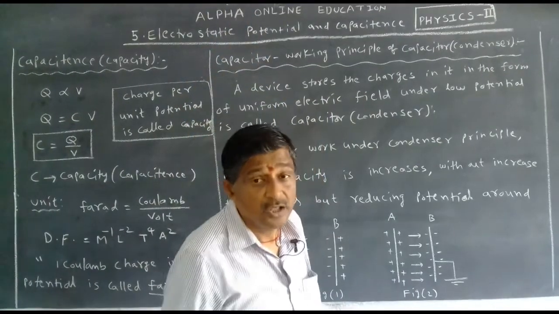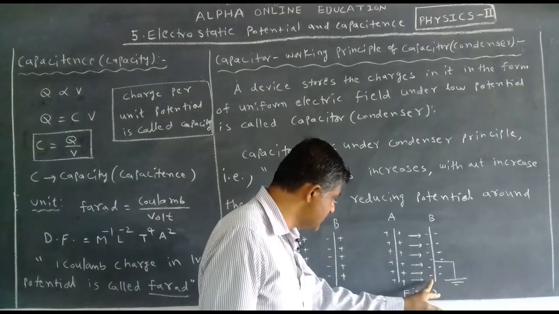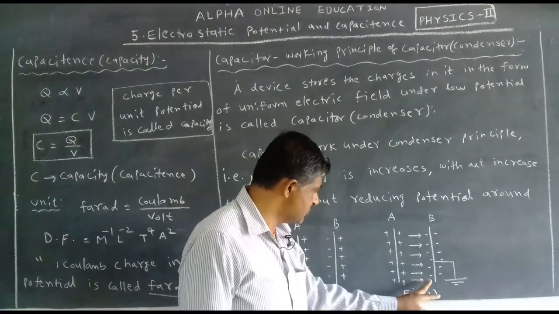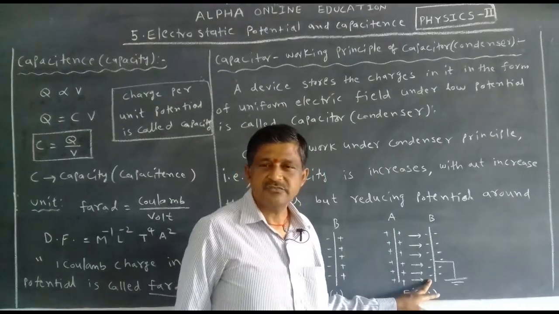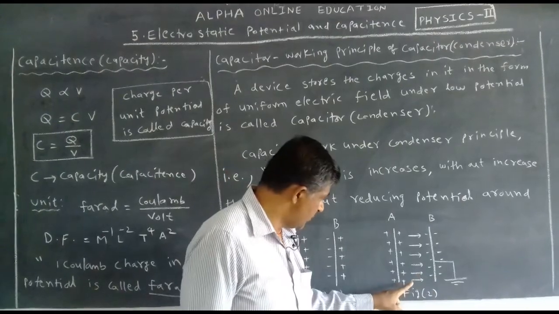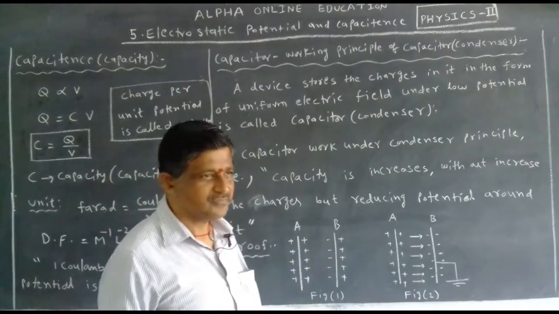What is it called? Low potential. Where? Here low potential is there. Here which charge is there? Positive charge. And here? Negative charge. We know that electric lines of force start from the positive charge and end at the negative charge.